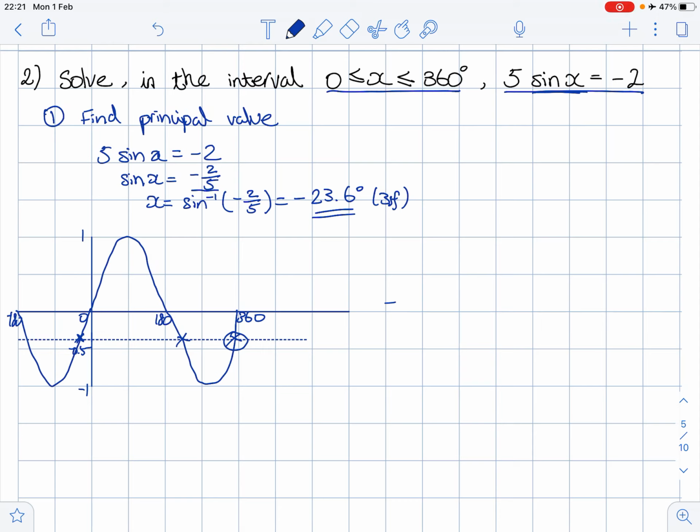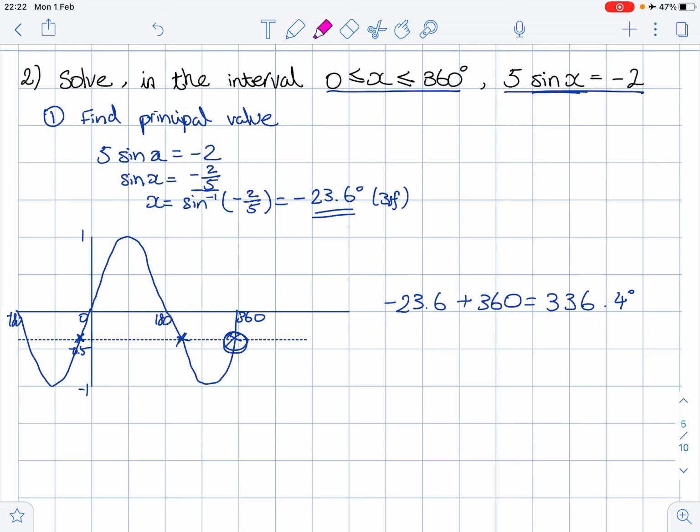So all I have to do to find the first value is use my principal value plus 360, which is equal to 336.4 degrees. So I know this is the first point here, and that's one of my values.